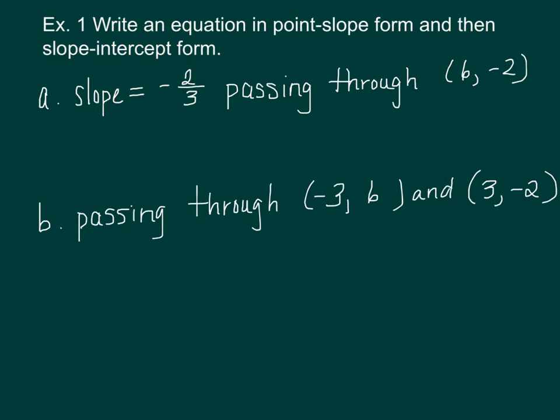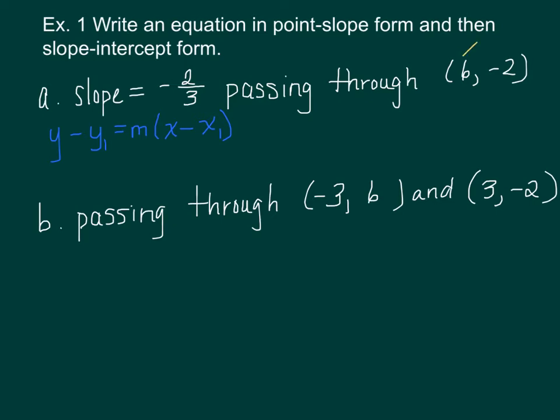Okay, looking at example 1, we're going to write each equation in point-slope form and then slope-intercept form. So point-slope form is y minus y1 equals m times x minus x1. So you need to learn that formula.